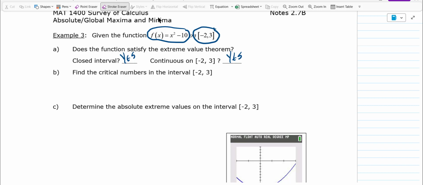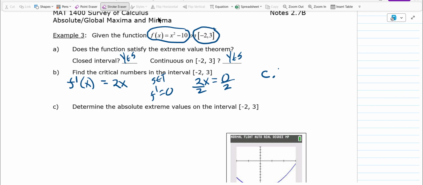So we're going to find the critical numbers. What do I need to do to find a critical number? Take the derivative, and what is that derivative? 2x. And what do I do with that derivative? I set it equal to 0, because a critical number is where the derivative is 0. You solve that equation, you can do it in your head.